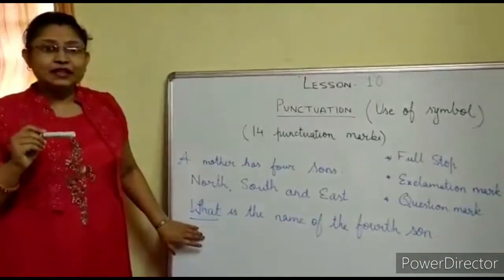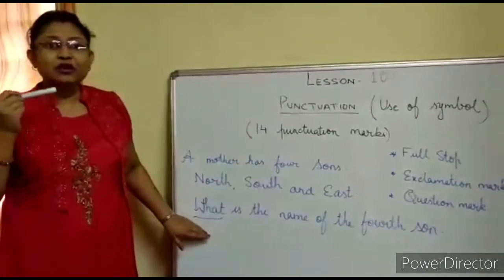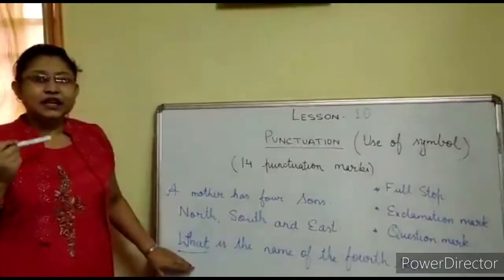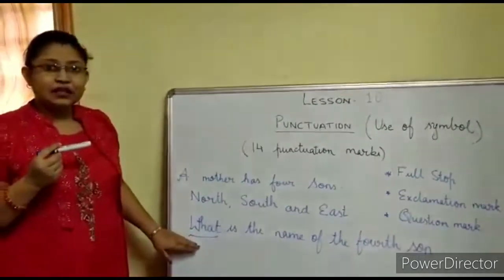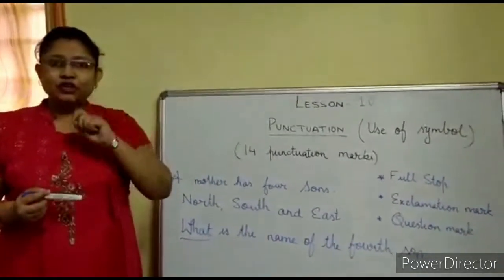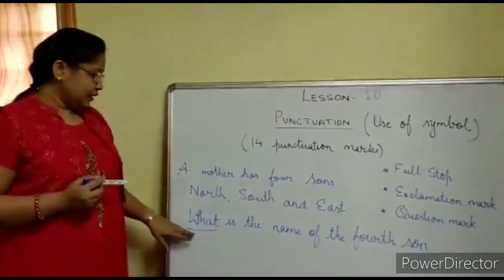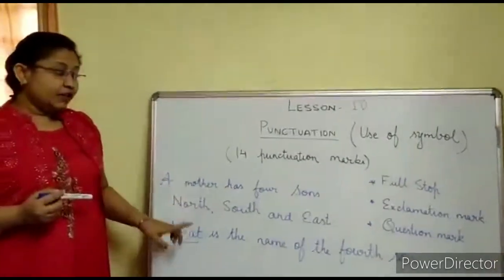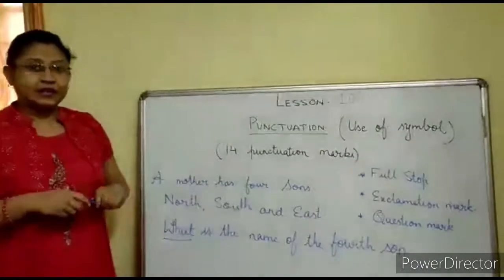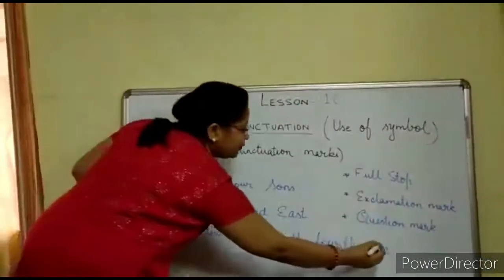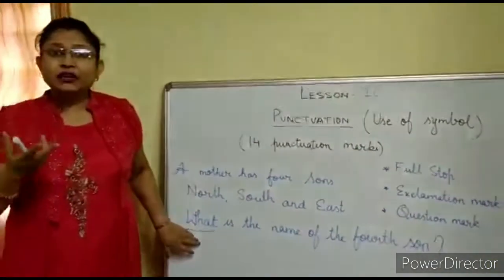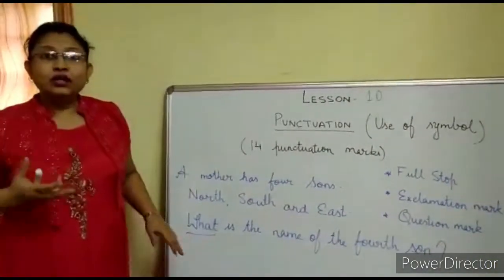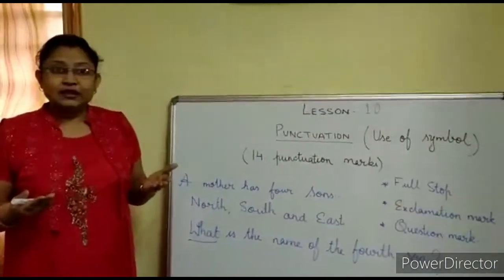It's a statement which is giving you some information, and the information is that the name of the 4th son is what? If I would have given a question mark at the end, then I am asking you the question: what is the name of the 4th son?